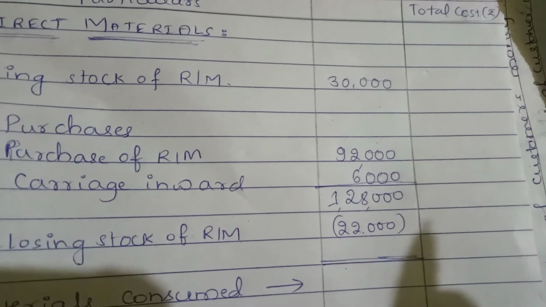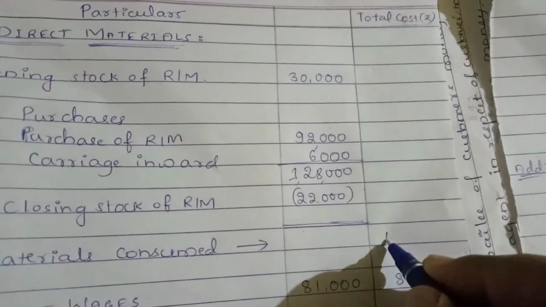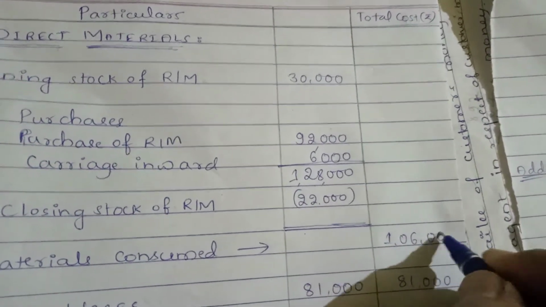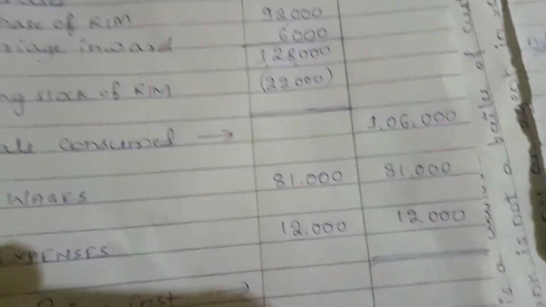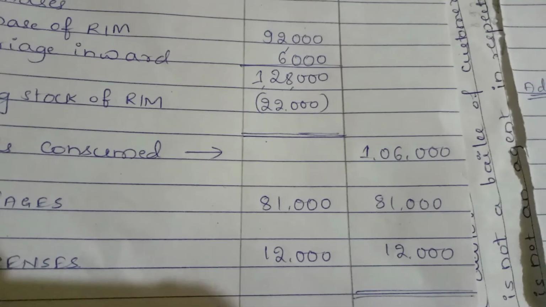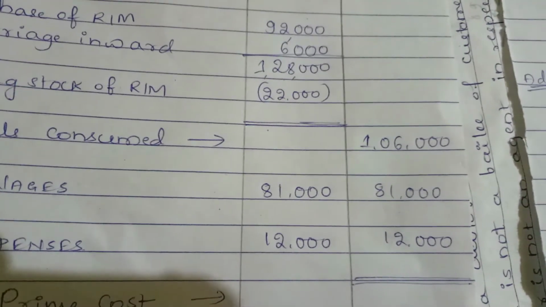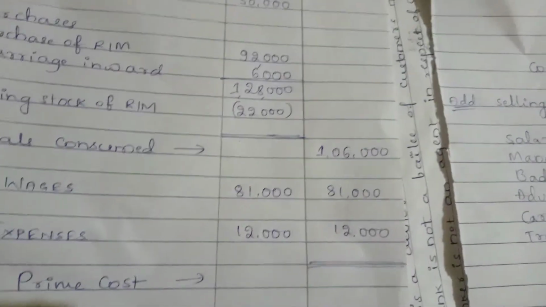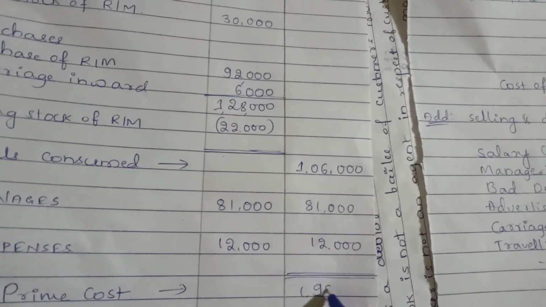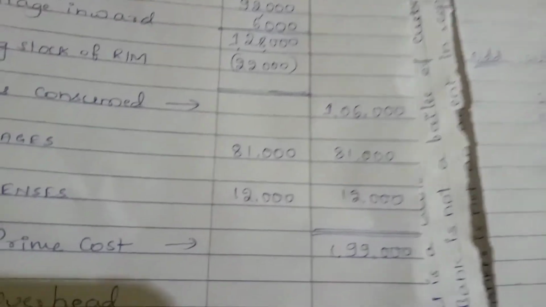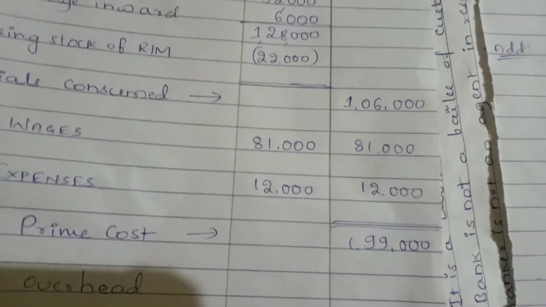From that we deduct 22,000, which gives us 1,06,000. Now add 81,000 and 12,000 to the 1,06,000. It gives us 1,99,000. That is nothing but the prime cost.